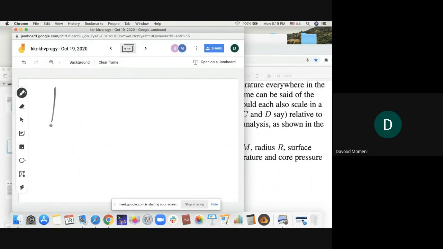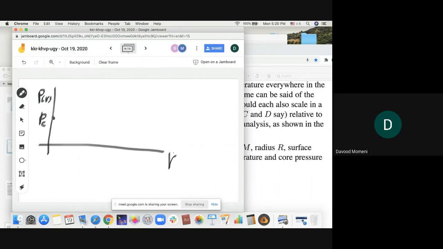Remember, if I give you pressure versus the radius for the star, at the center the pressure will be P_c.